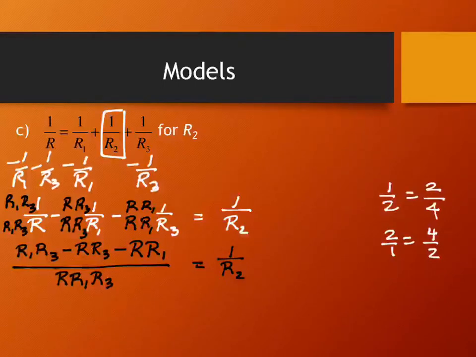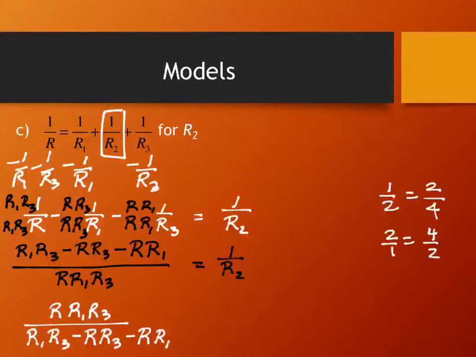So that's what's happening as I do this with this other one that doesn't have all the values in there. So if I flip everything upside down, I have R, R1, R3 over R1, R3 minus R, R3 minus R, R1. And it equals R2 over 1, or simply R2.